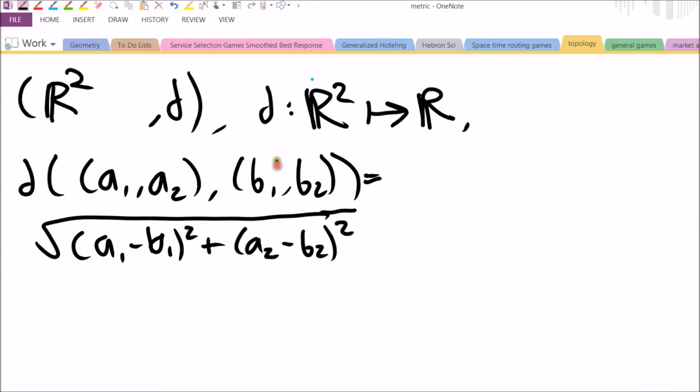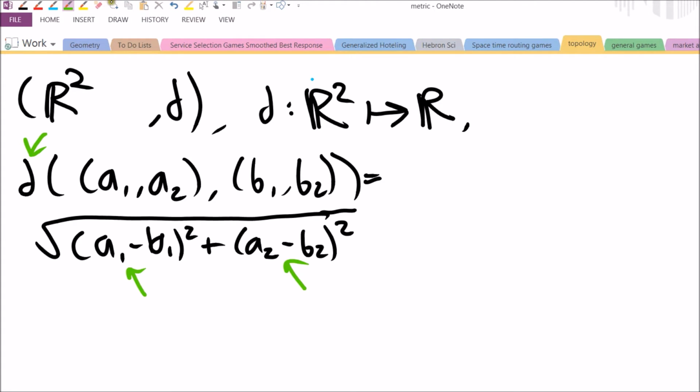This is probably quite familiar to you. Maybe a nicer way to think of it is that this quantity here squared is equal to this quantity here squared plus this quantity here squared. But anyway, that's just Pythagoras' theorem.